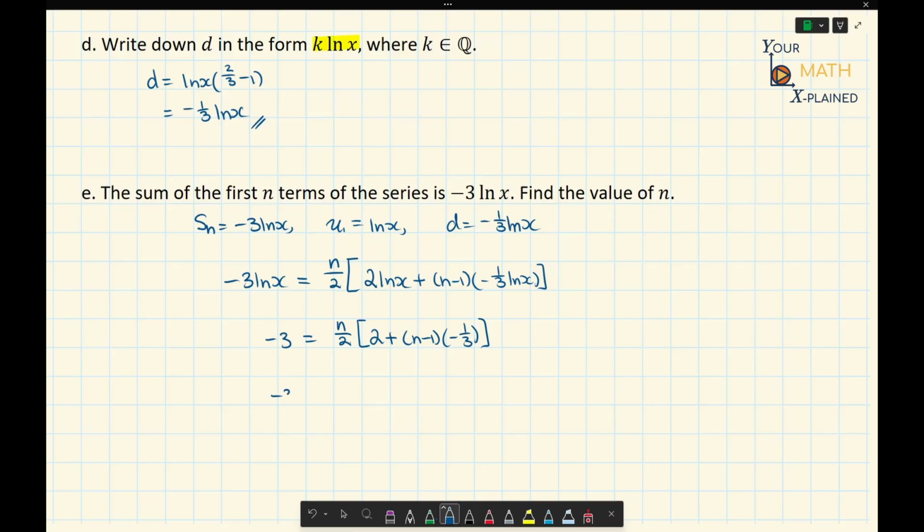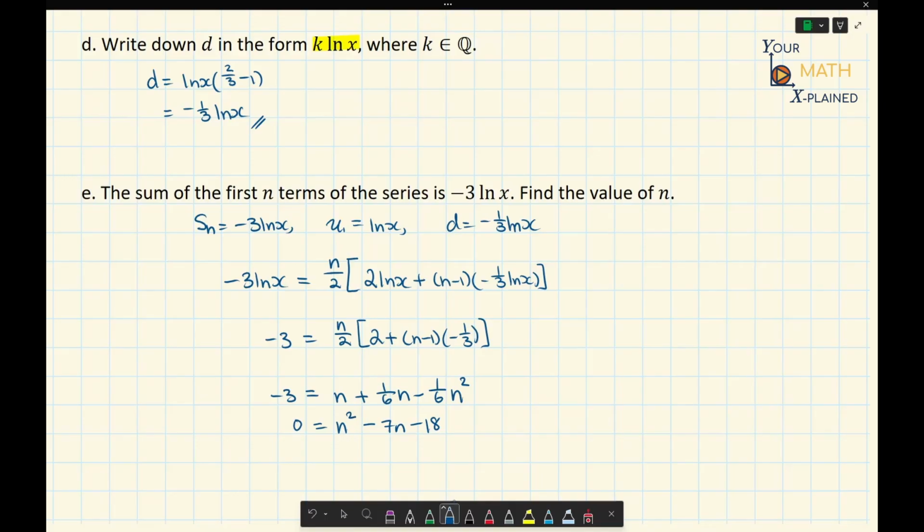And now we're just going to expand out the right-hand side. So we get negative 3 is equal to n plus 1 over 6n minus 1 over 6n squared. And now we're just going to multiply this entire equation by negative 6 and move everything to one side. So we get 0 is equal to n squared minus 7n minus 18.